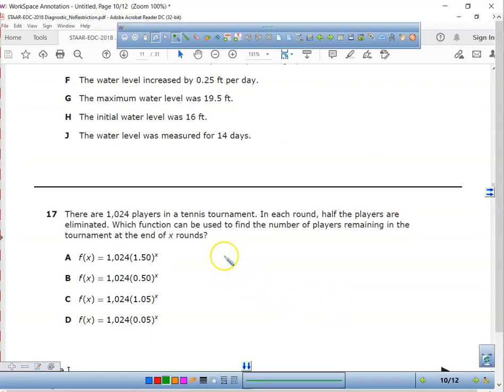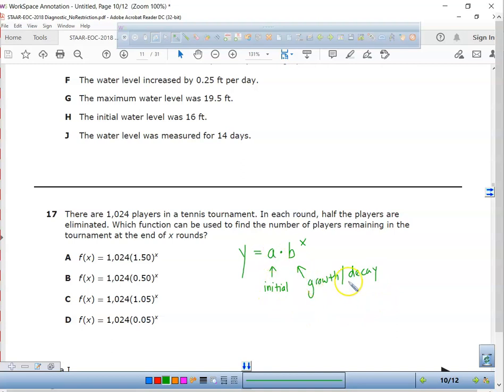All right, guys, here we go. I want you guys to write this formula down, or this equation. Just remember, A is your initial, B is either your growth or your decay.